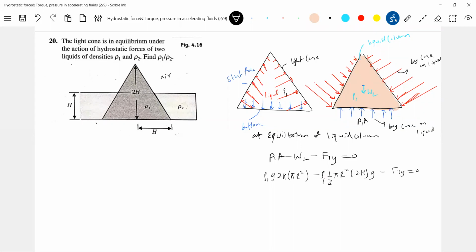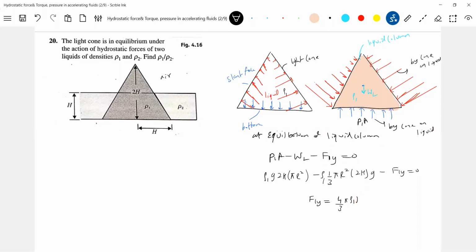Okay, look at this, all the simplification. 2, 3, how much will we get? 4/3. F1y should be equal to 4/3 pi rho 1 h cube.